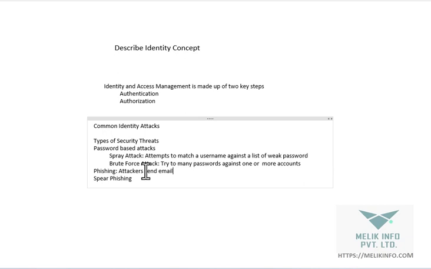Now, instead of going to the legitimate websites, the user will be directed to the scammers' websites. You will enter your username and password, and the hackers or the attackers will capture your username and password.